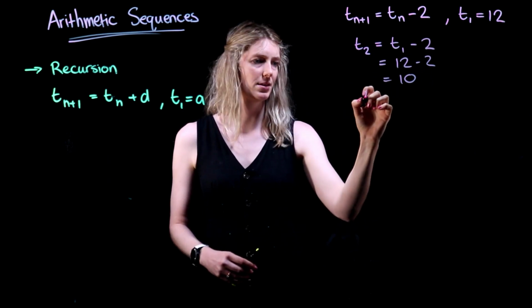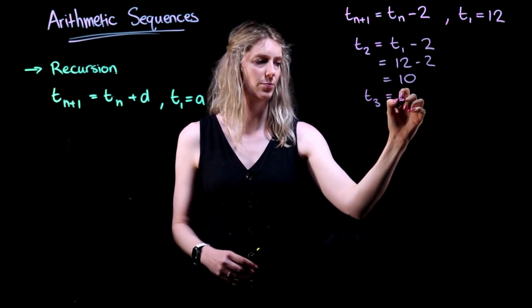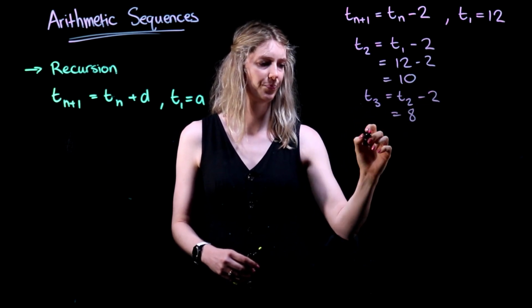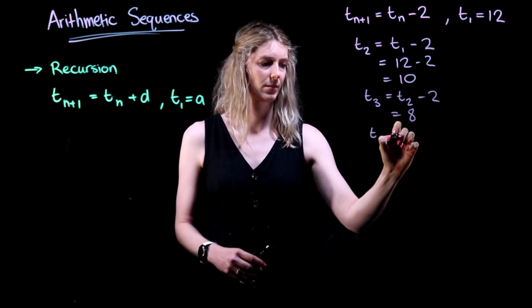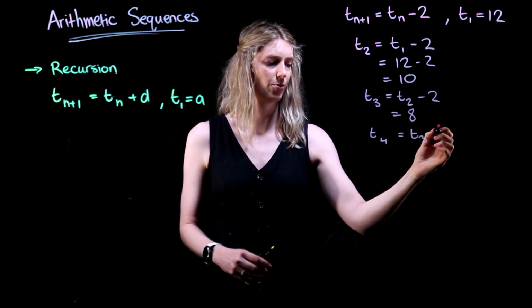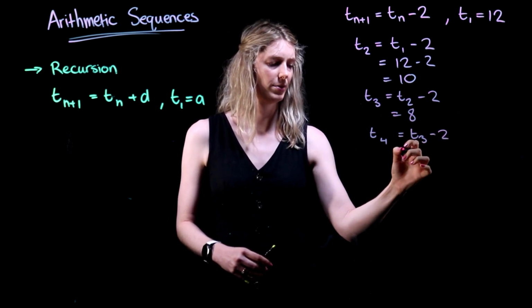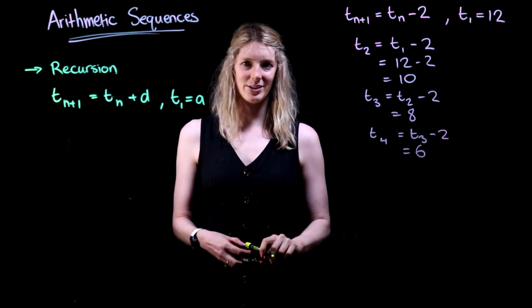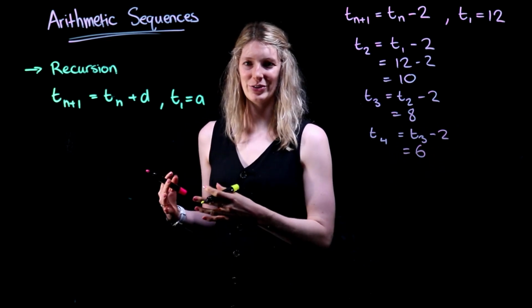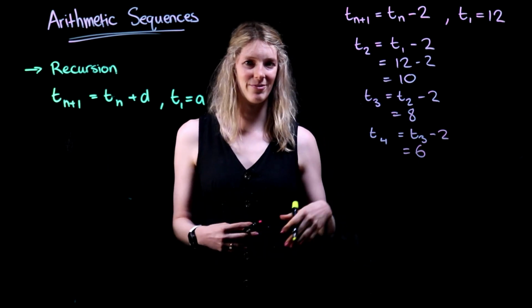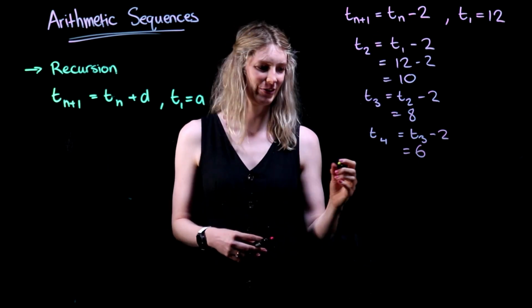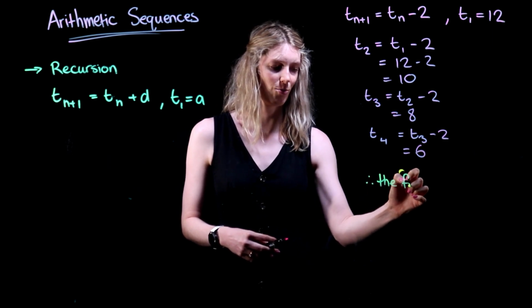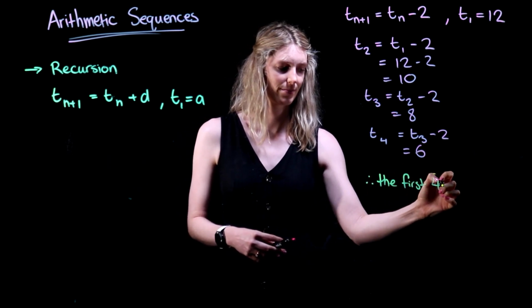We can then repeat this process for terms 3 and terms 4, whereby we take the term before, apply the common difference, and then we have our next term. So we can take those original A and D values that we were given, put that into our recurrence relation, and use it to generate the first 4 terms.